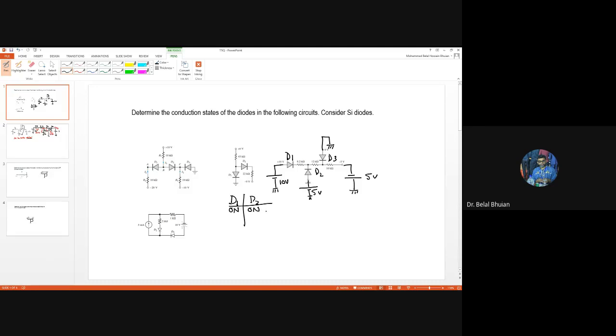That is one possibility, isn't it? What could be another possibility? D1 is on, but D2 is off. What is the other possibility? Both off. D1 is off and D2 is on, and the final possibility is that both of them are off.